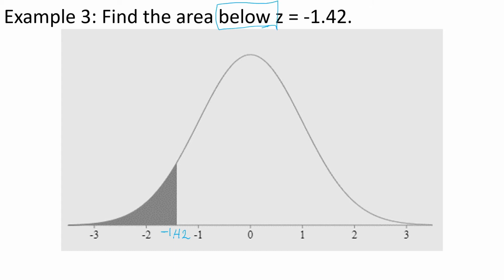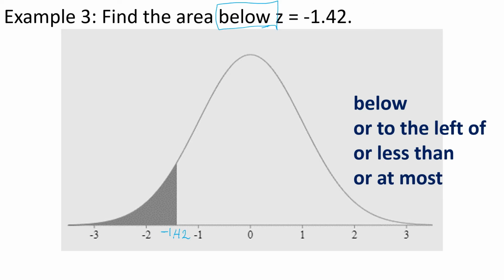Whenever you see this term, if you're talking about the normal curve, that also means the same as the following terms: to the left of, or less than, or at most. So this problem can be rephrased as find the area to the left of Z equals -1.42. The region will still be this shaded area.